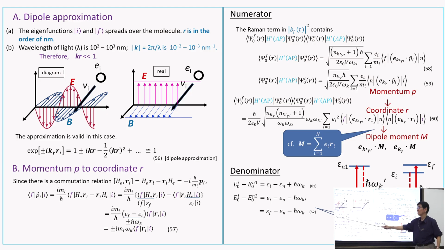As far as kr is small, it's a good approximation. And the second and latter terms become much smaller than the first term. So we can assume that the exponential term is nearly equal to unity. This is the so-called dipole approximation. Dipole approximation. This relationship allows us to make the equation much simpler. This is the first idea.